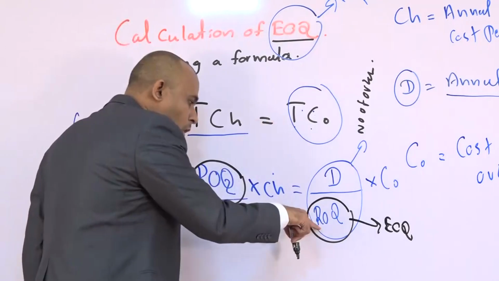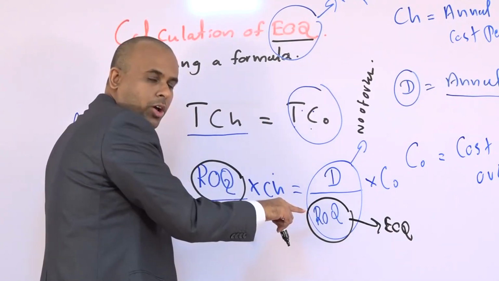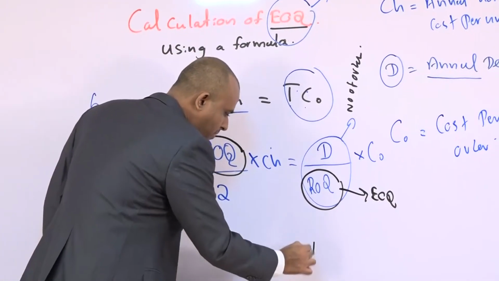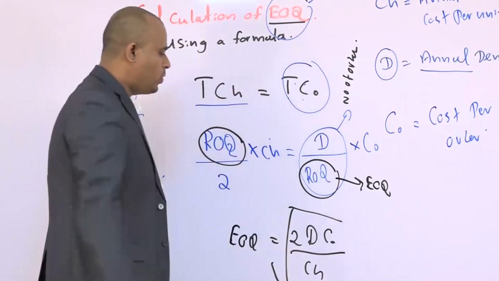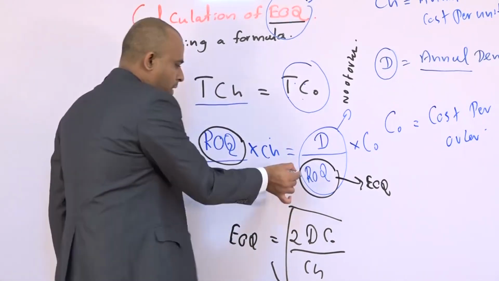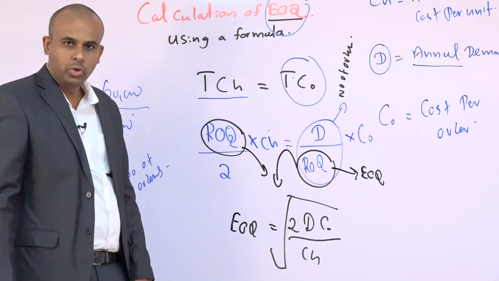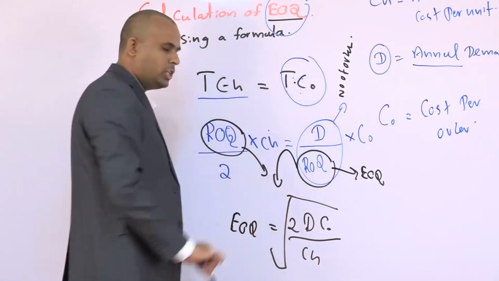Therefore, you solve this equation to find the reorder quantity, then you will end up with this type of equation, which is the square root of 2dCO divided by CH. When you solve this equation for RO, that RO is the EOQ because these two are equal to each other.